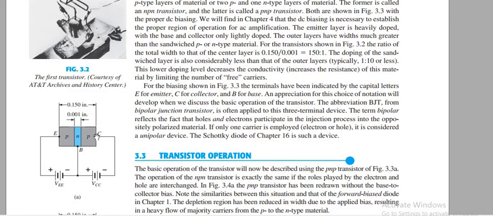The second major concept that I would like to make clear here is that this emitter part is highly doped. The doping density is very high in this P type of material, meaning we are adding more impurities.